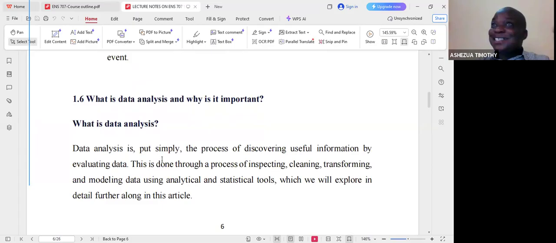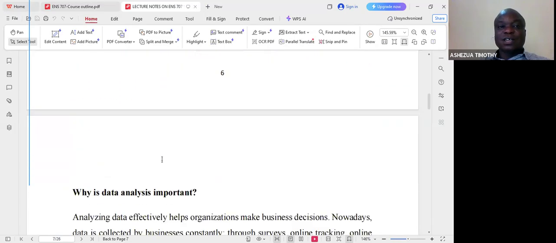The name implies data analysis is the process of discovering useful information in data. This is done through a process of inspecting, cleaning, transforming, and modeling data using analytical statistics, which will be explored in detail further along in the article.